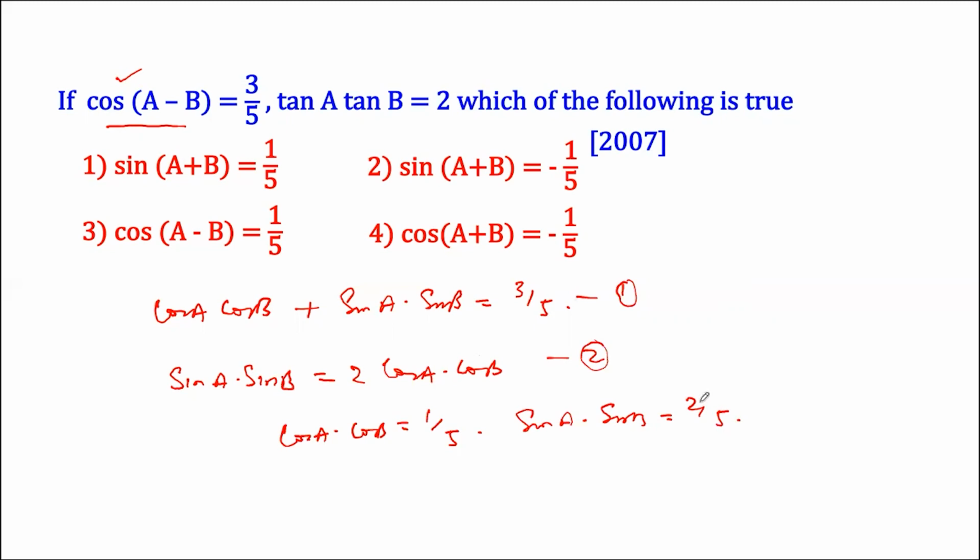Now what do we have to find? We have to go for cos of A plus B. Both the values we have. We know that cos of A plus B is minus 1 by 5. Directly we can see this.